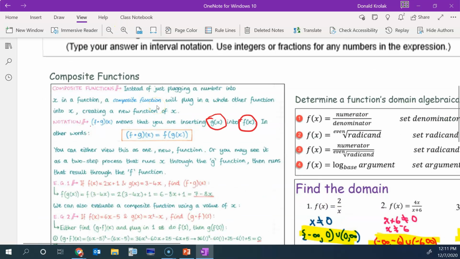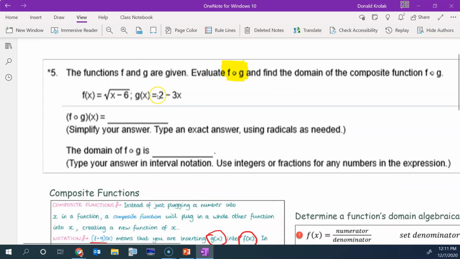Our notation means you are inserting the function g of x into f of x. So when we see an x here, we're going to put in its place the expression 2 minus 3x, and then simplify it.